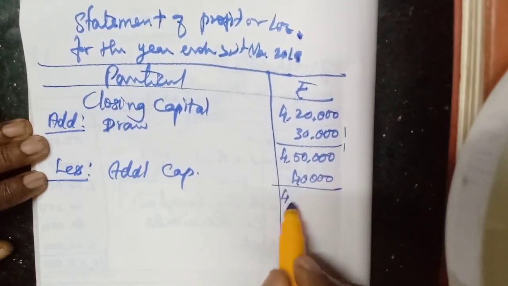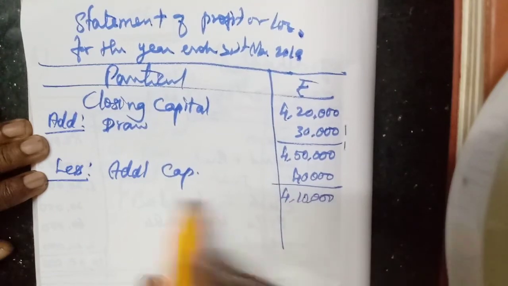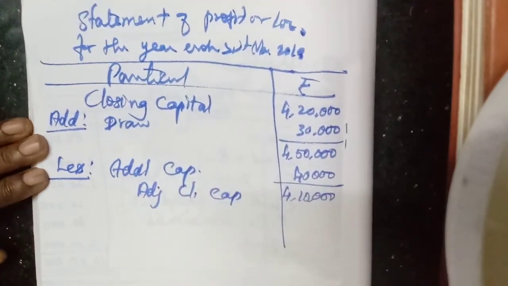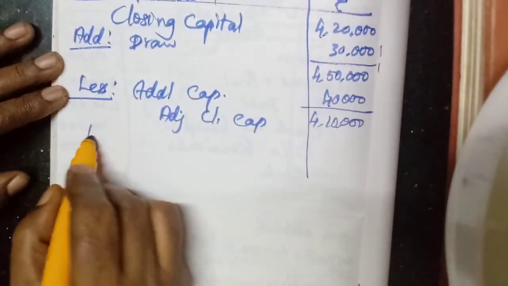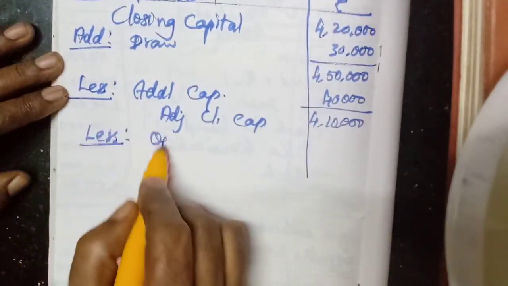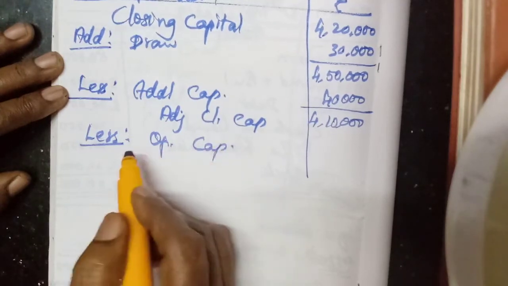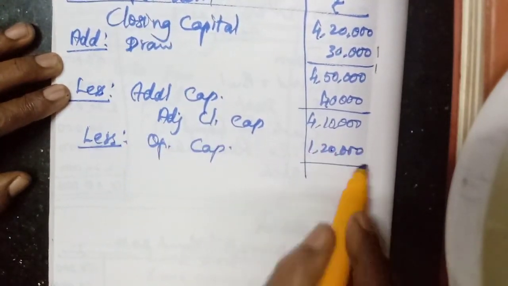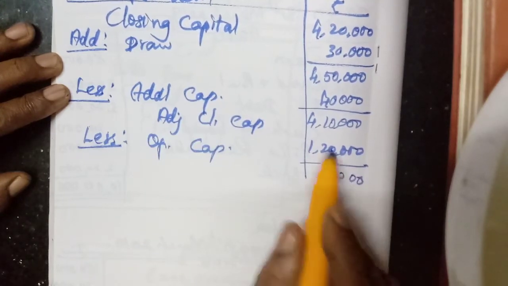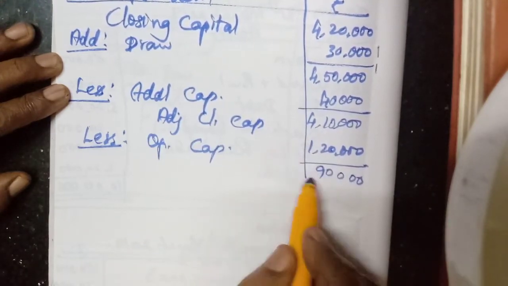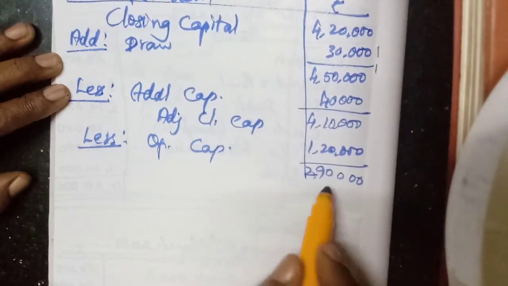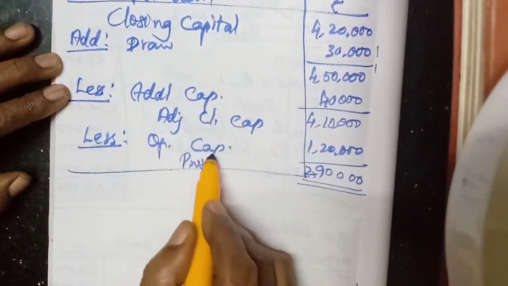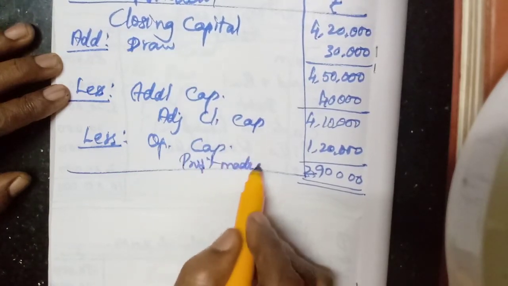So 4,10,000. This is called adjusted closing capital. From this, less opening capital. Okay, 1,20,000. 0, 0, 0. 11 minus 2, 9. 3 minus 1, 2. So 2,90,000. This is the profit made during the year.